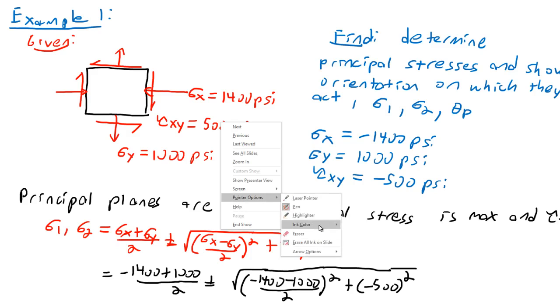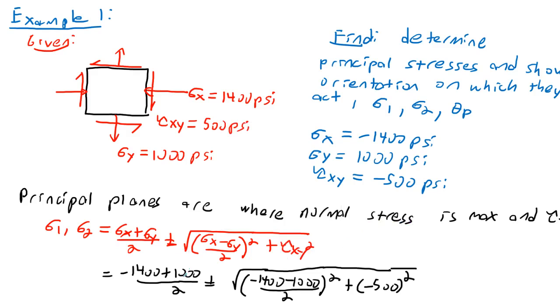Now, let me just go ahead and clearly label these. This term here, you notice, is sigma average, the average stress, and this term here is tau max. So we could very easily get the tau max as well.